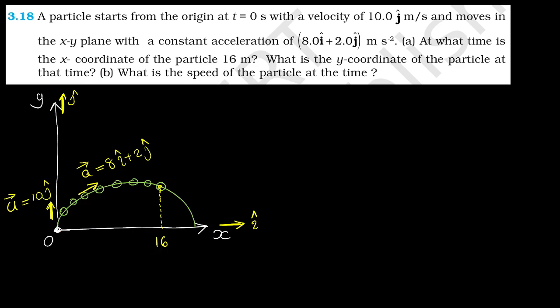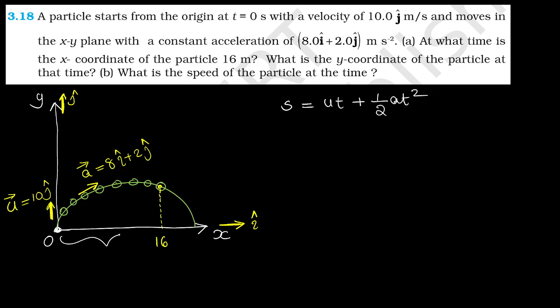So I will tell you. In this type of question, in the exam, if you face this type of question, don't worry. You start with the formula S equal to ut plus half at square. You will definitely get the answer. Don't use any other technique, only use this formula. 16 is actually a displacement, right?